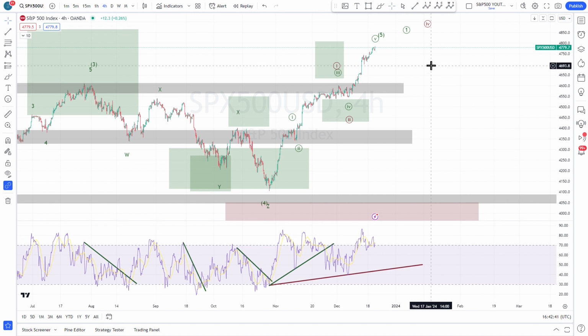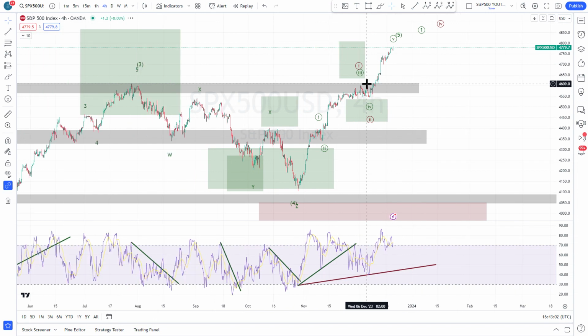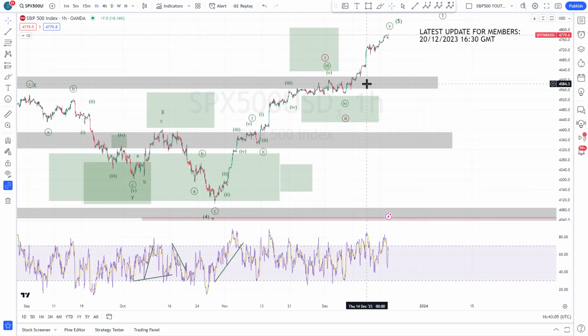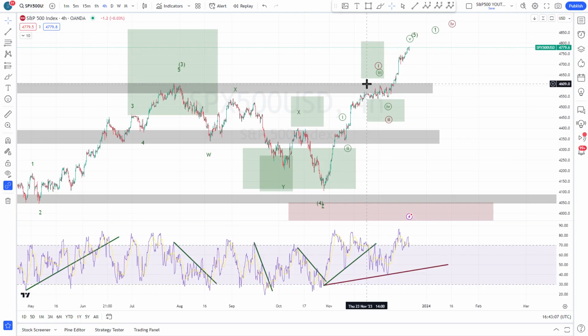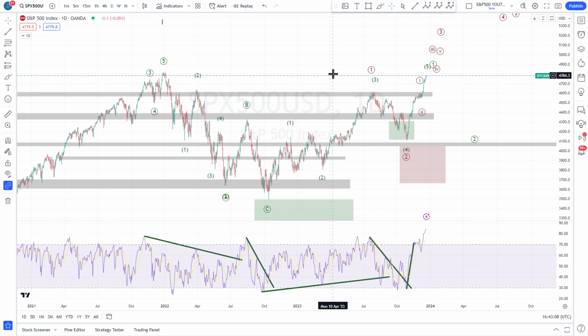I have to revise this, have an in-depth look across the markets, because if this scenario in green becomes invalid, then it means two things: either it is extremely bullish, or it can be a trap, and then we are supposed to have here, as we see in the daily, a flat structure.